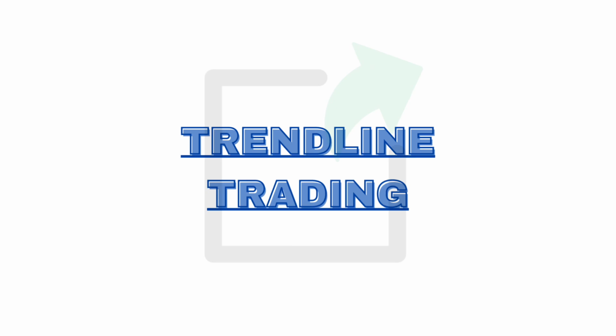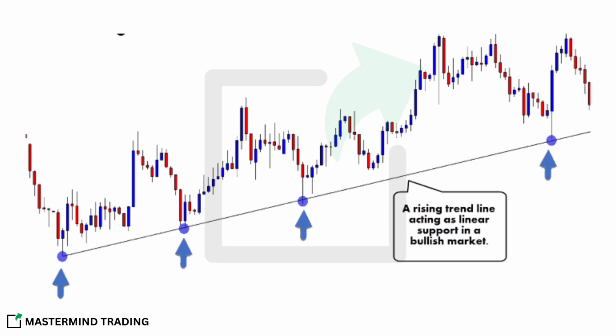Now there are two ways to trade the trend line, which we are going to look at. Firstly, traders look to trade the trend line by trading in the direction of the trend. What this basically means is that in a bullish market, a trader is going to extend his trend line and look at it as an imaginary support level where he expects price to bounce off whenever price comes to that point.